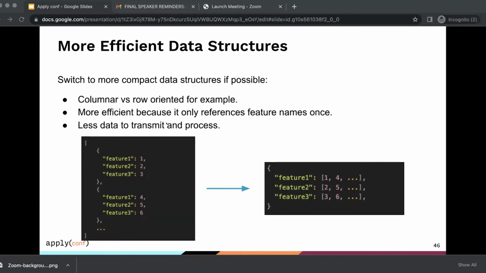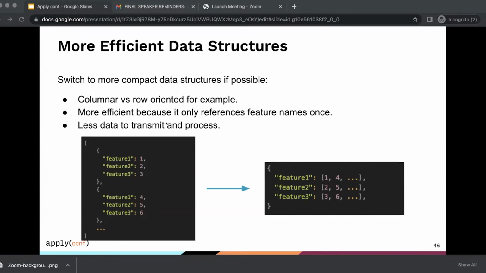In this case, these pictures show a columnar versus a row-oriented data structure. You can see the columnar data structure on the right side is a lot more compact. The main reason is that you're only specifying feature names once. So it's a small win to make your system more efficient.